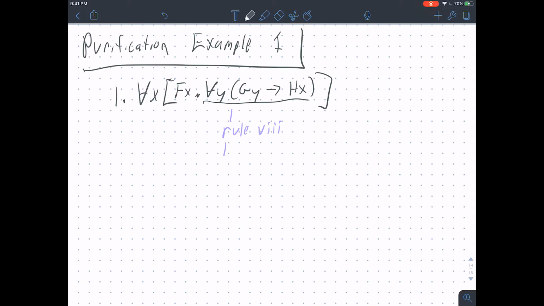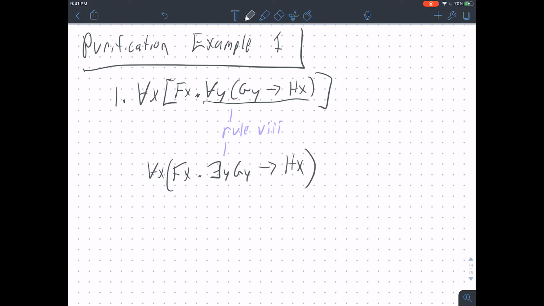So what's underlined would turn into this, and we just put everything else back the way it was, right? Cool.